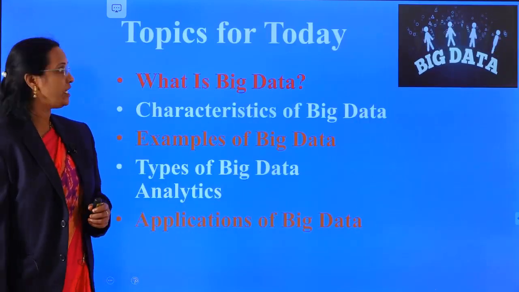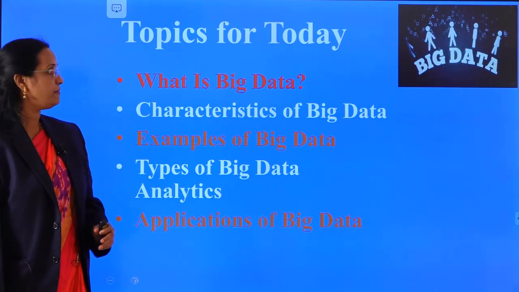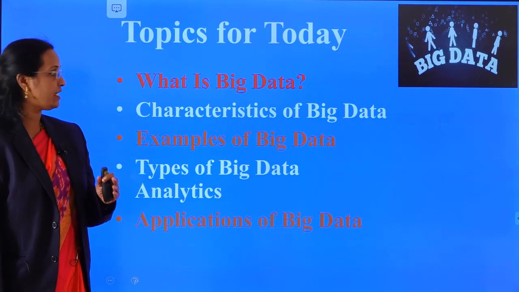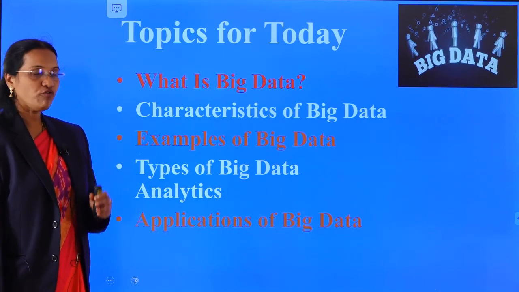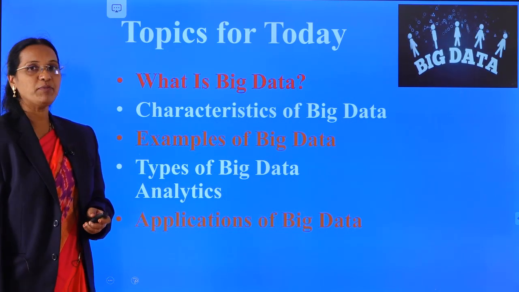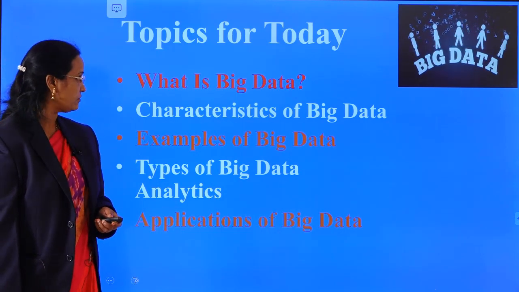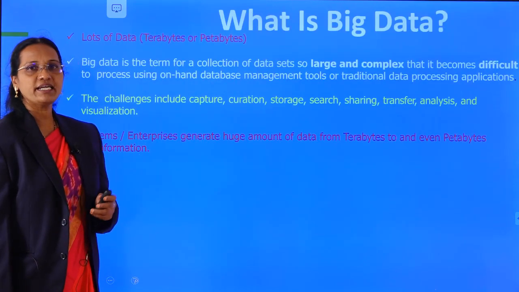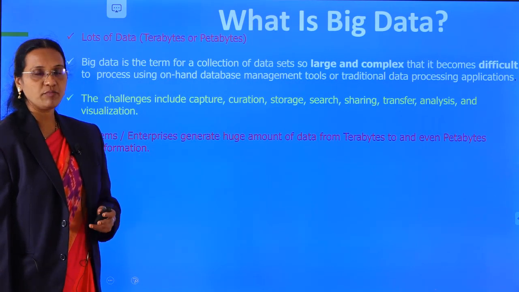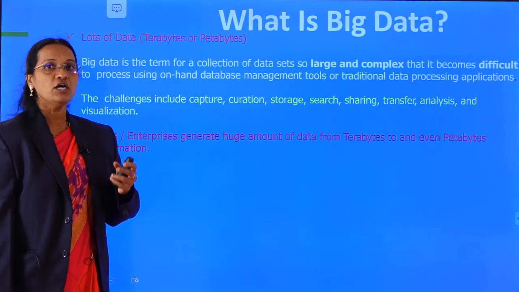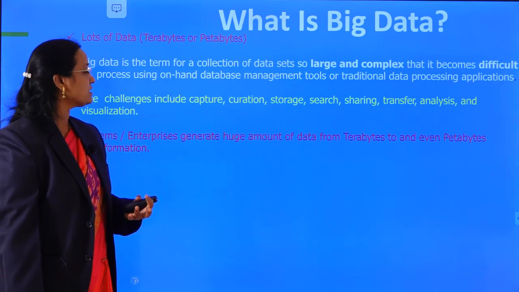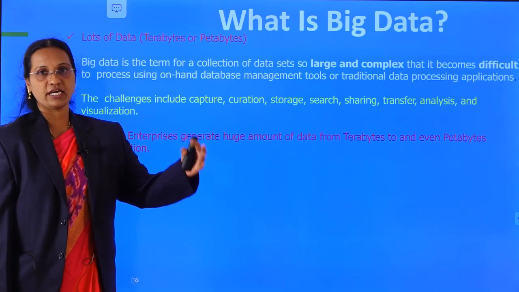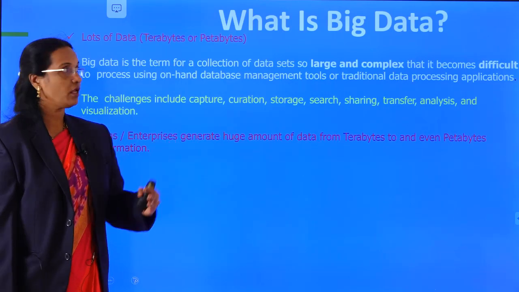So today's topic is all about what is big data, characteristics of big data, few examples of big data, types of big data analytics and applications of big data. What is big data? Big data is nothing but lots of data which is measured in terms of petabytes, zettabytes, yottabytes, etc., the growing size.